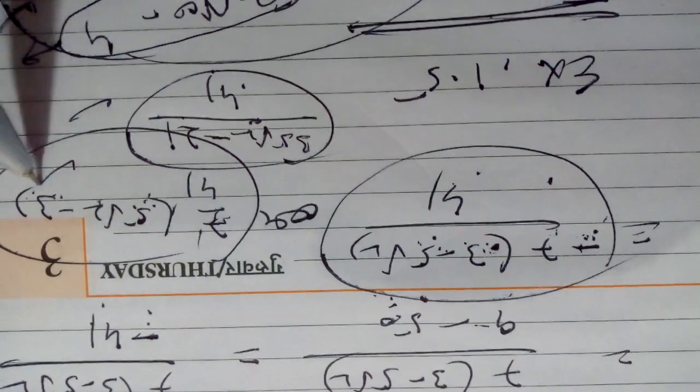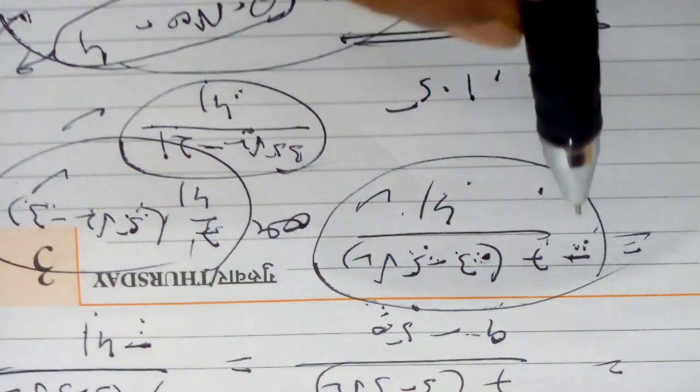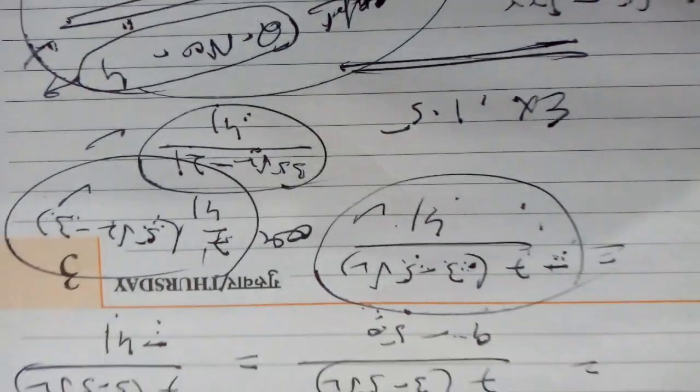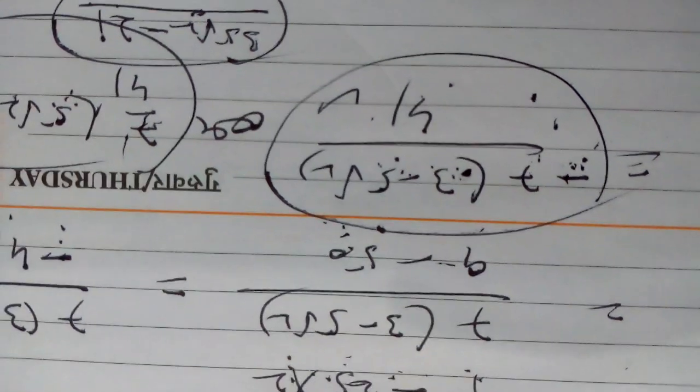It is your answer, and any one of these you can write. Try to write the last one, otherwise this is also correct. With the help of this, you can solve exercise 1.5.